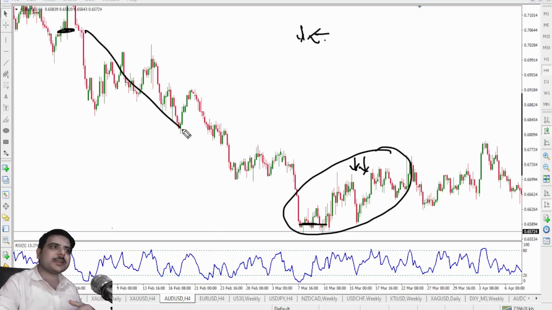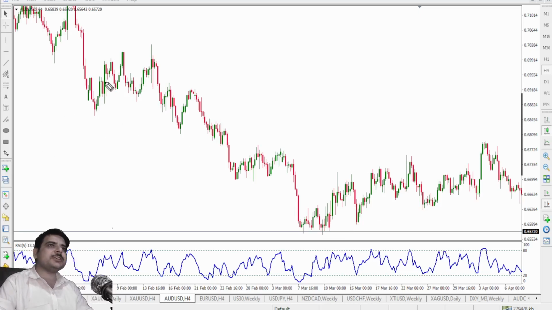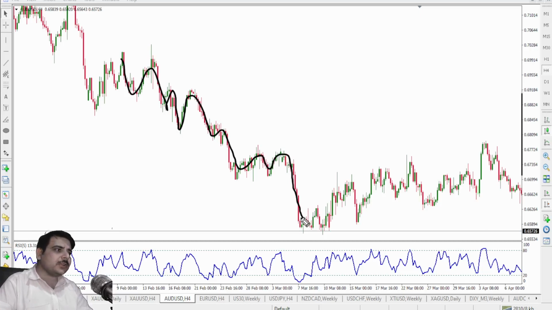Why? Because the market dropped very heavily right here, so please don't sell. So no sell. Obviously, if it dropped, I'm going to look for a bullish opportunity. If I'm looking for a bullish opportunity, I will see that this trend that is coming down, obviously I will be looking for the break of it.